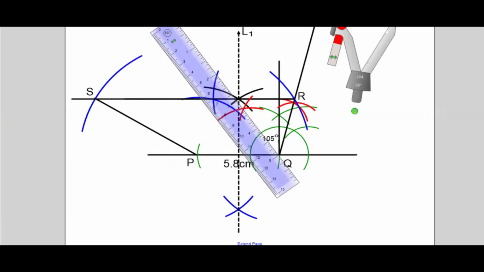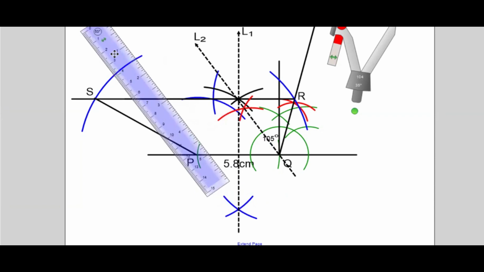Let me use the same type of line. So for that, that is L2.